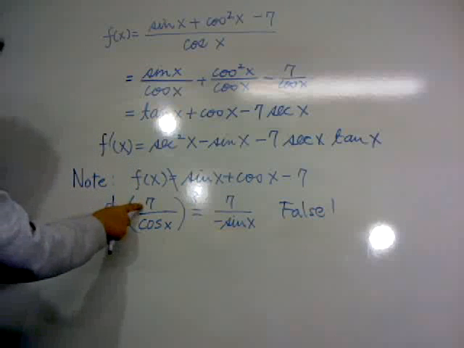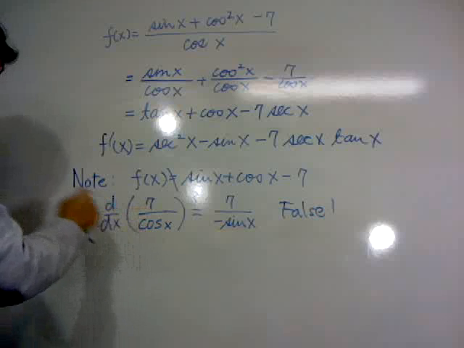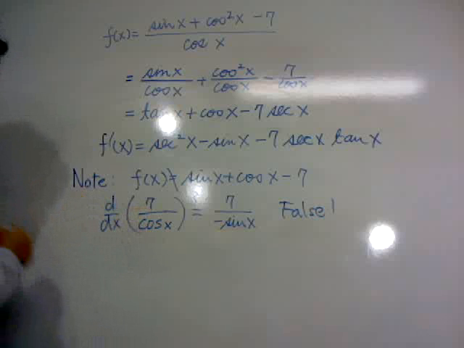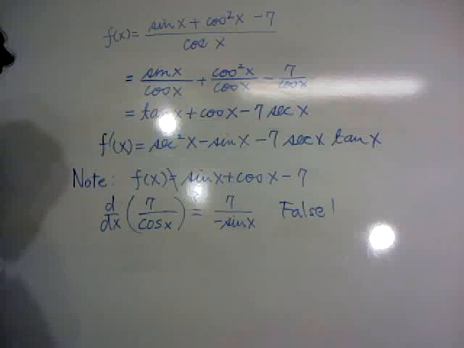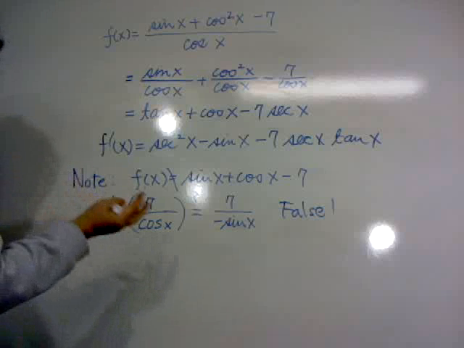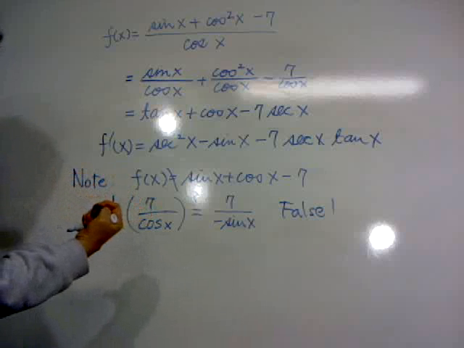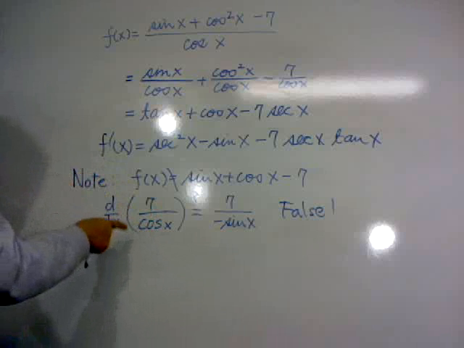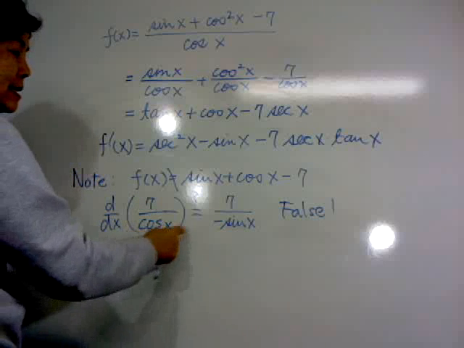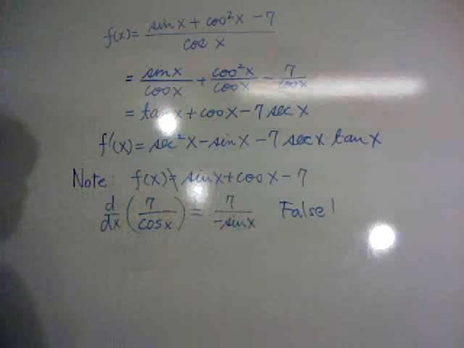If you look at this as 7 over cosine x, you must use the quotient rule, because this is in quotient form. So you cannot just say, okay, I know how to differentiate cosine x, the derivative of cosine x is negative sine x, I will do that.